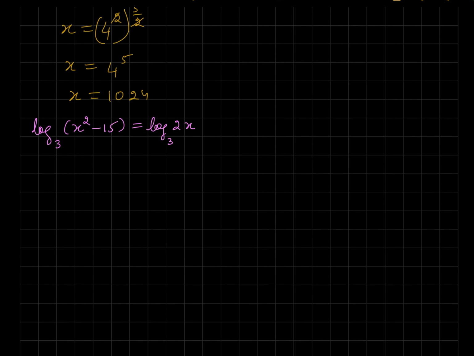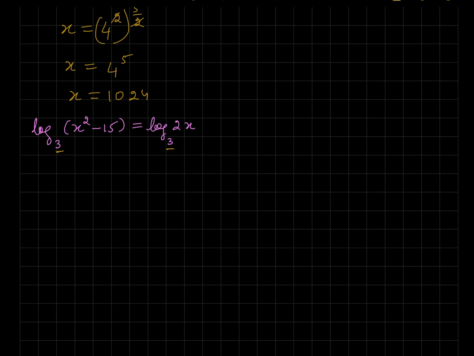Now let us solve one more logarithm equation I have written here. So log of x square minus 15 to the base 3 is equal to log of 2x to the base 3. Okay, so the bases are the same. We have to make sure of that. I will make one more video where we have the change of base formula and all.